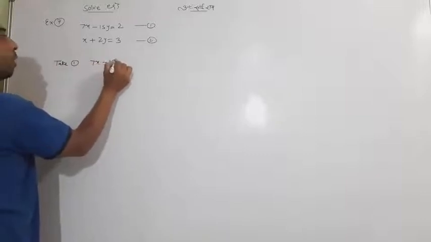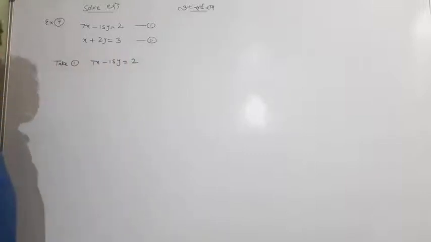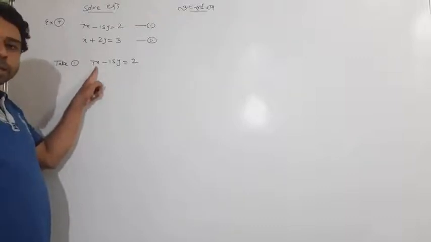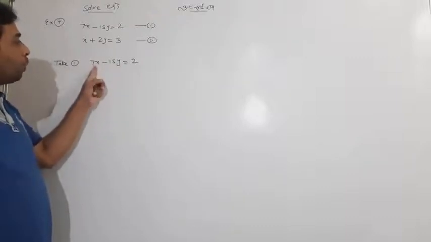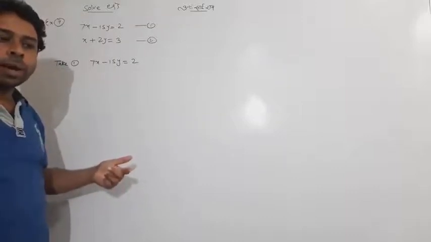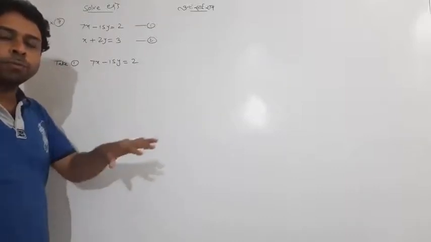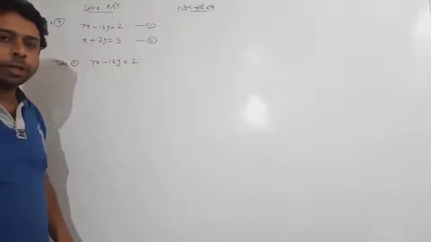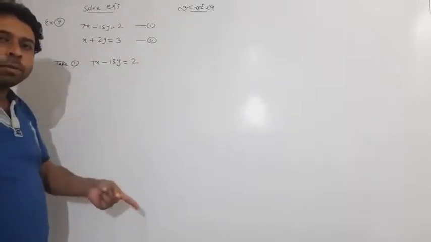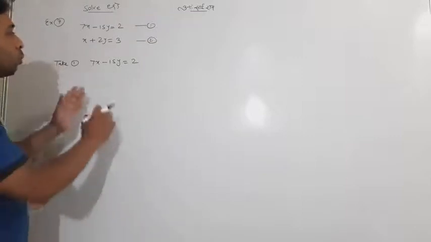Now it is up to you to find the value of x in the form of y, or the value of y in the form of x. Meaning you have to find the value of one variable in the form of the second variable. So which is convenient?